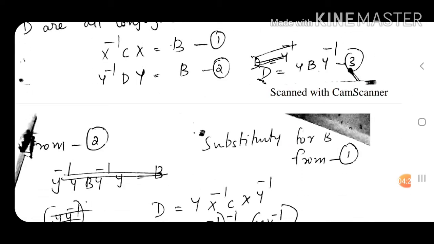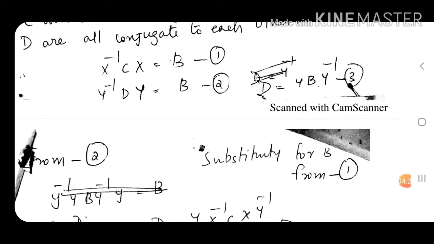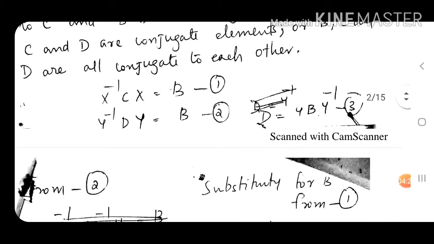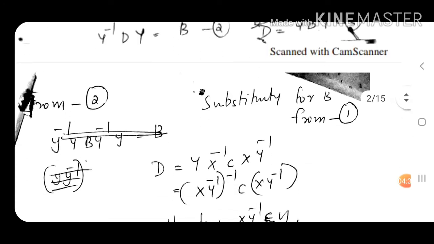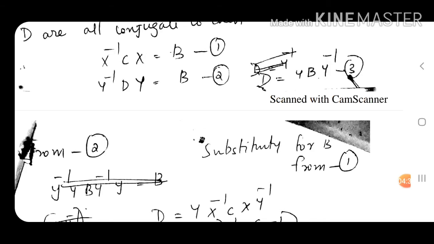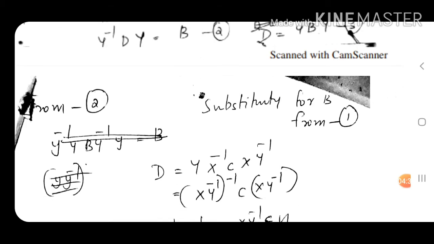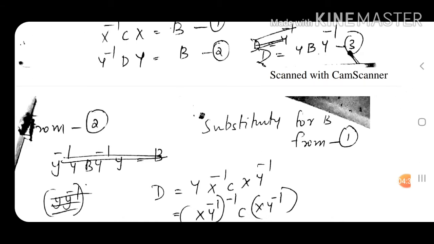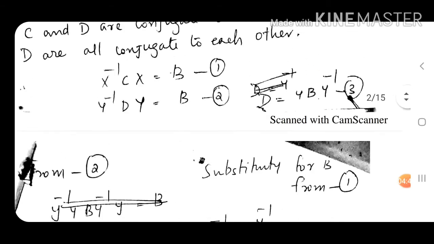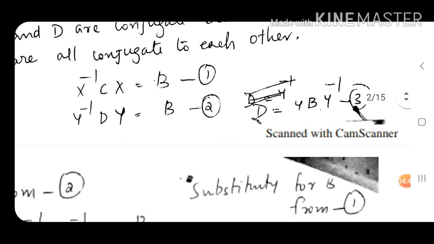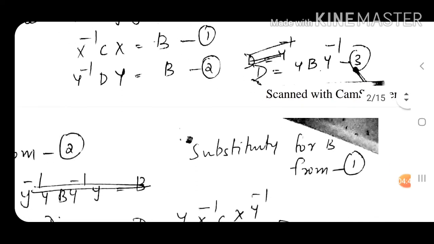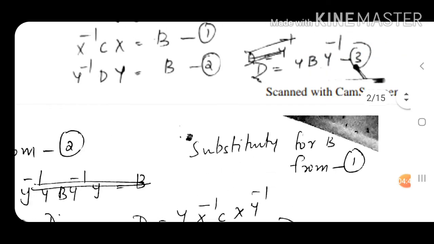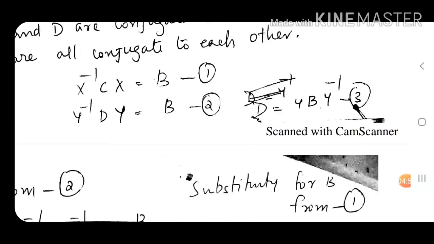Now from equation 3, we know D is equal to YB Y inverse, that we obtained from 2.